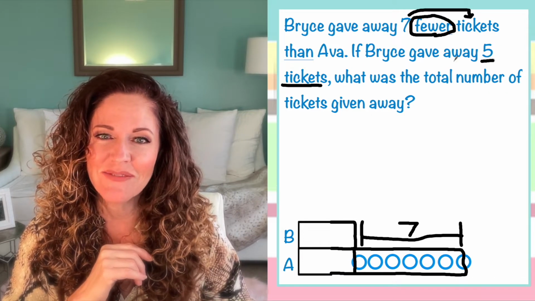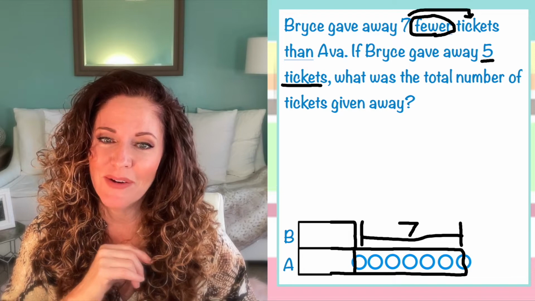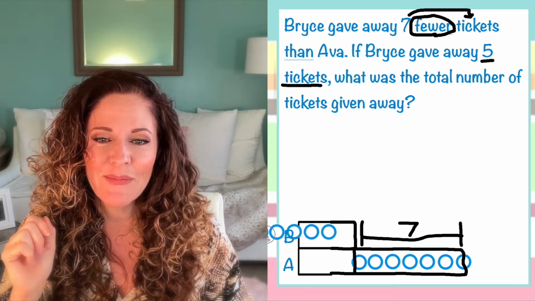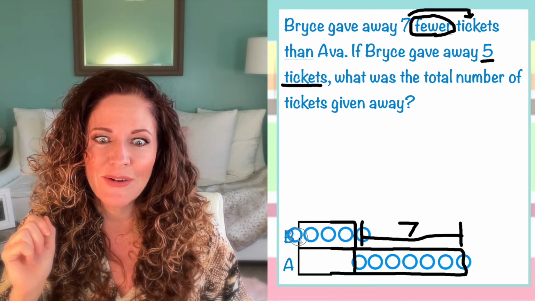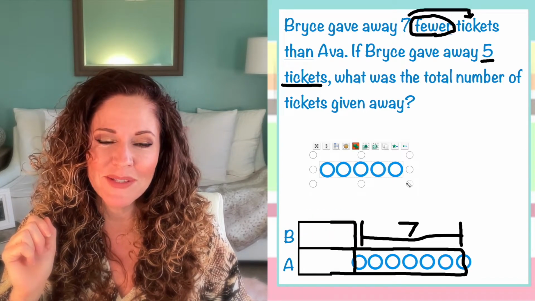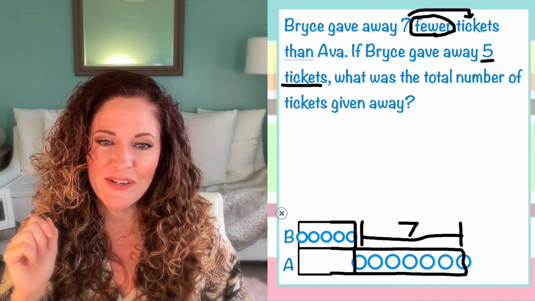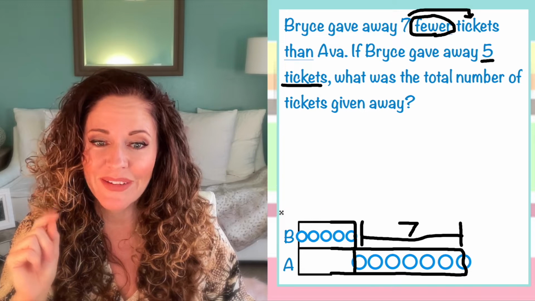But right here, it just says 5 tickets. That's very easy to model. If Bryce gave away 5 tickets, we're just going to draw 5 counters in Bryce's box. And notice my counters are a little big, so let me make them smaller. Hopefully you can squeeze yours into that box that you drew. If not, you can always erase and redraw very quickly.